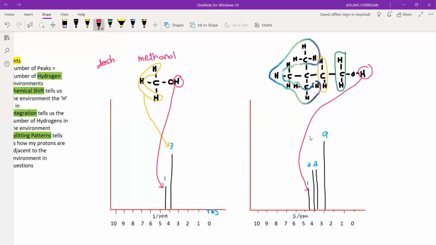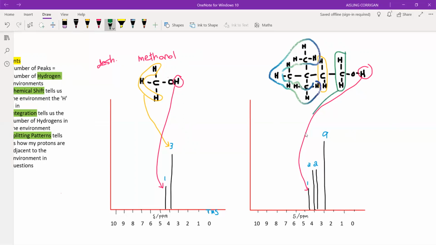How do I know which one goes to which peak? So again, remembering the electronegativity, remembering that the environment which is closer to an electronegative element will be more affected by that. It'll be de-shielded more, therefore it'll be shifted more to the right of the chemical shift. It would experience a bigger chemical shift. So in this case, this green group CH2 is going to be shifted more to the right because it's closer to the electronegative element.